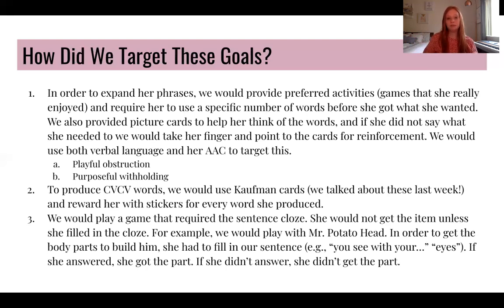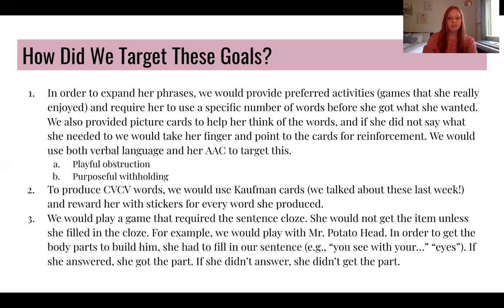We also did playful obstruction, like having her favorite toy inside a clear Tupperware container. She couldn't get the top off, so she would have to ask us to open the toy in order to play with it. That was one thing we did quite a bit, along with the phonemic cueing, of course.